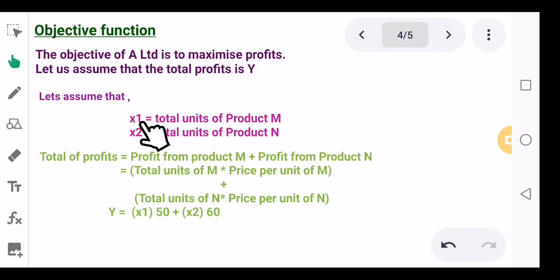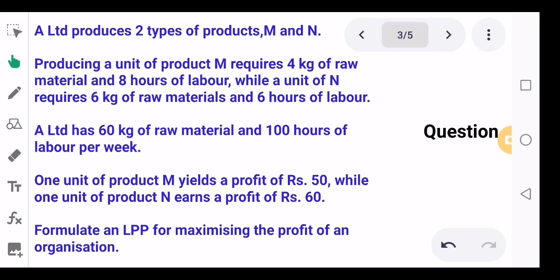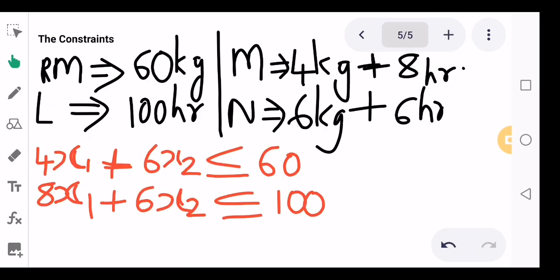Here we have assumed that x1 is the total units of product M and x2 is the total units of product N. One unit requires 4 kg of raw material, and there are x1 units of product M, which is why you multiply.